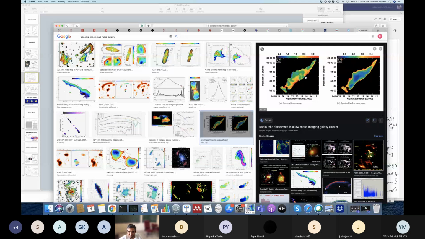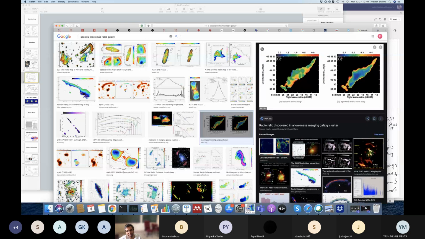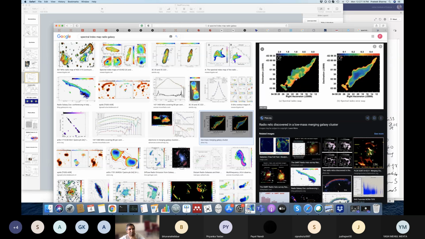So what it means physically is that some source which is energizing the electrons is located here where it is red, and as this plasma moves there, because of cooling, it undergoes this spectral steepening. It is along the line of what I was mentioning, that because of cooling the spectrum gets steeper.